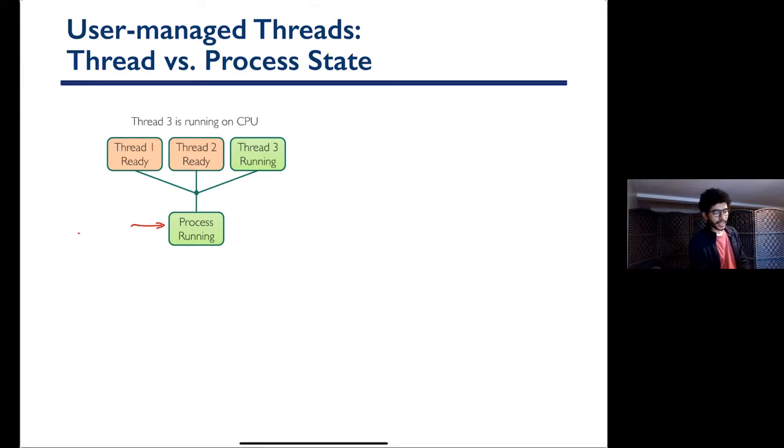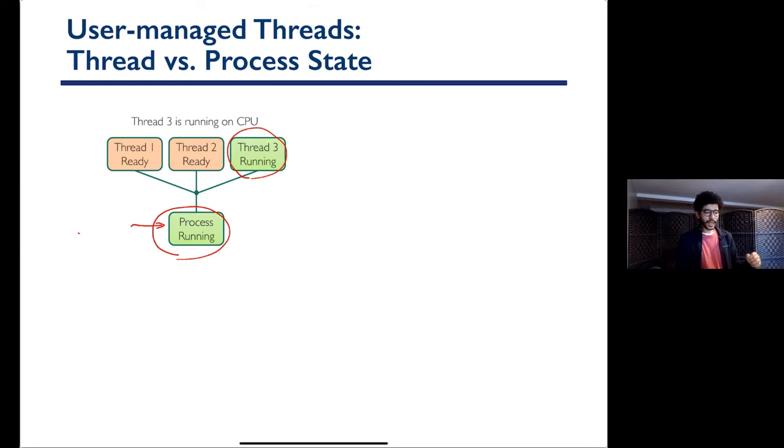The kernel is just looking at this process as a single TCB. And let's say at this point, from the kernel's point of view, this thread is running, right? This is the user process with a single thread from the kernel's point of view. Now, internally, this process has created three threads, and it's running thread 3. So it's running the code of thread 3.